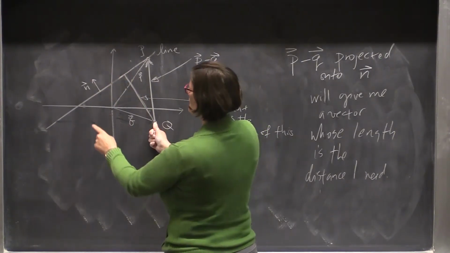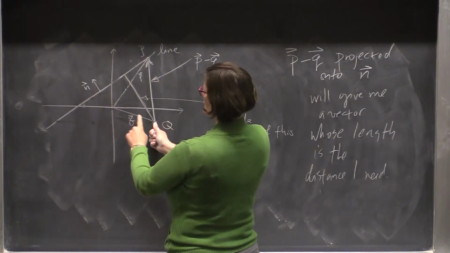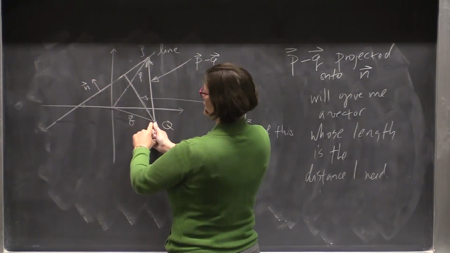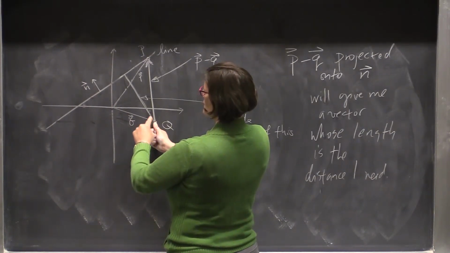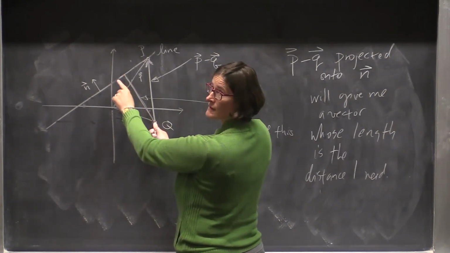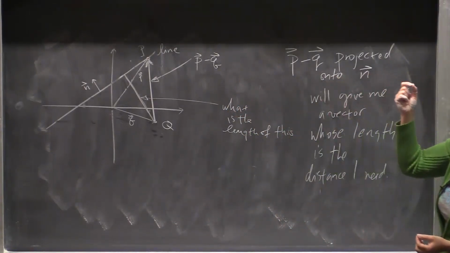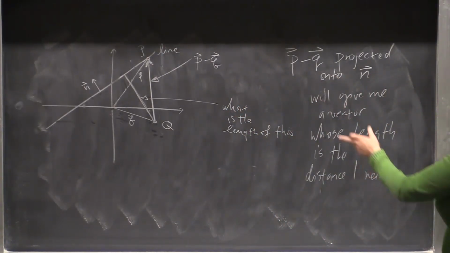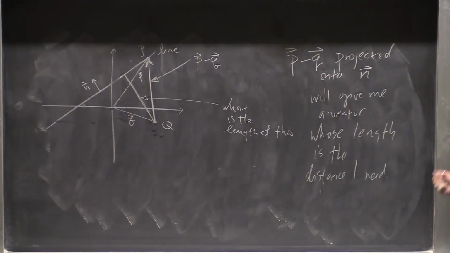A different student in the class might choose this point on the line, resulting in this vector connecting Q and P. When they project that vector onto the normal, they're going to get this. So every person in the class could start with a different point on the line. They will get a different vector here, but when they project onto the normal, everybody will get the same thing.